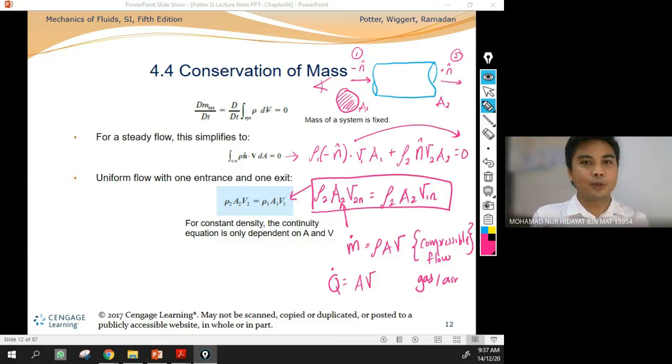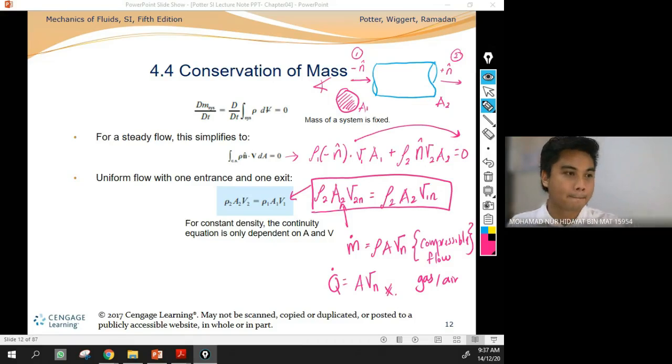So density 1 will be the same as density 2. That's why we cancel off density. So the volume flow rate is equal to area times velocity. So when the question asks how to derive the conservation of mass, you know how to derive, yeah?